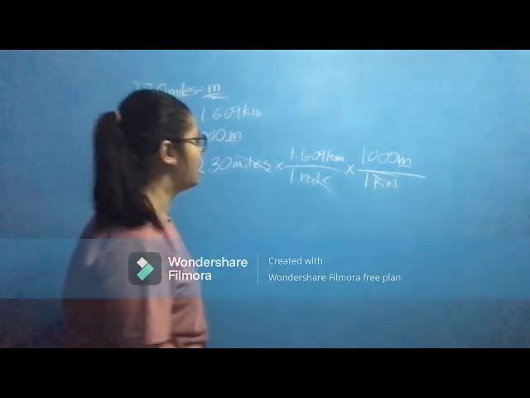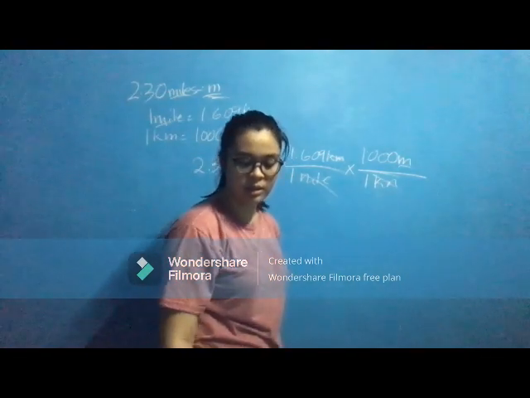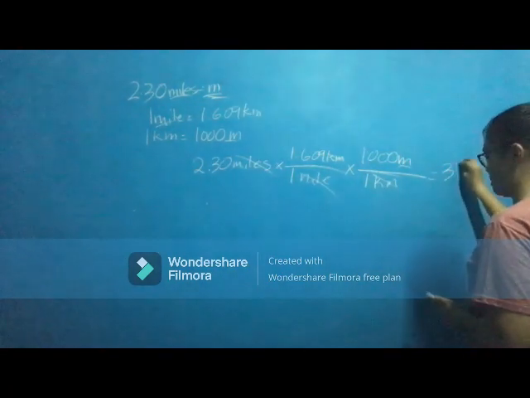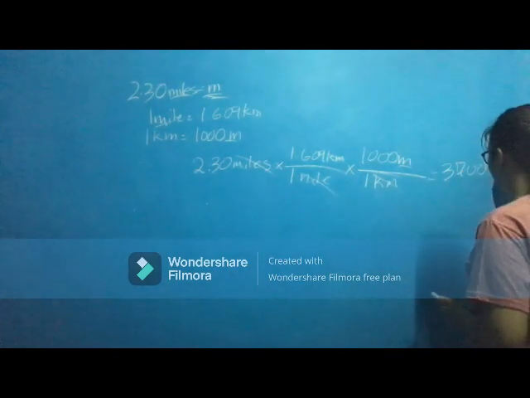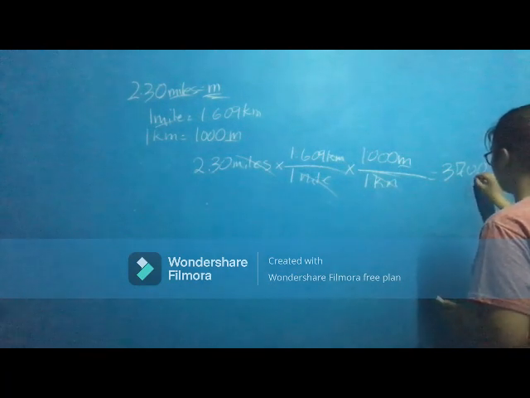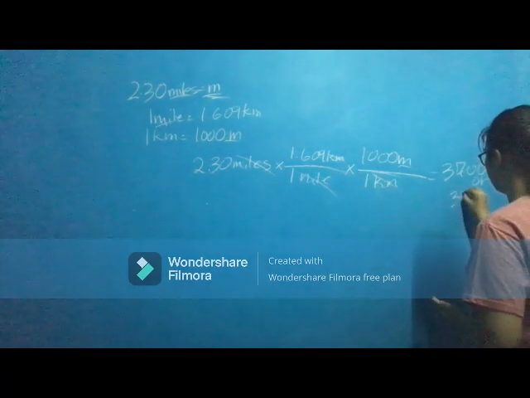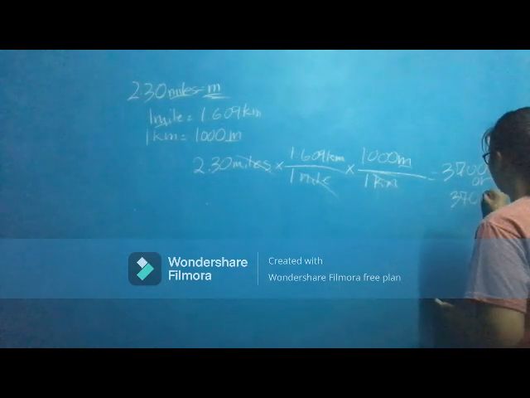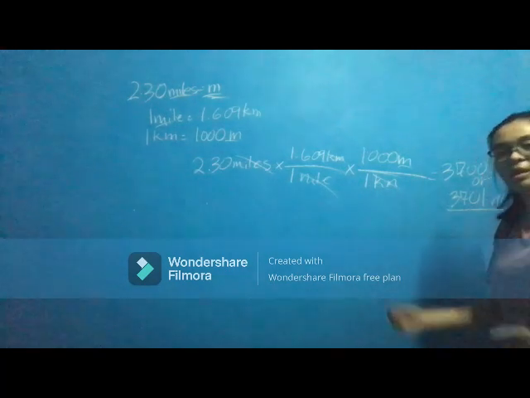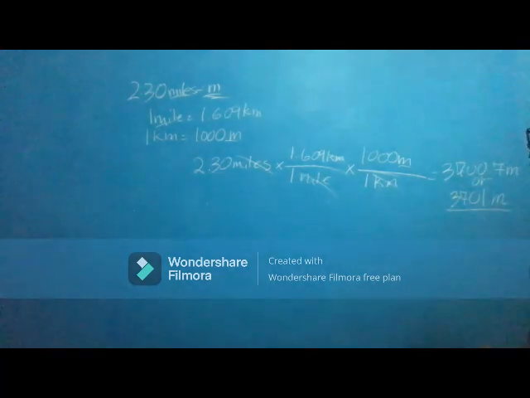That is why the remaining unit will be our desired outcome. Let's hit the calculator, and the answer is 3,700.7 meters, or you can round it up to 3,701 meter. Either way, it's both correct.